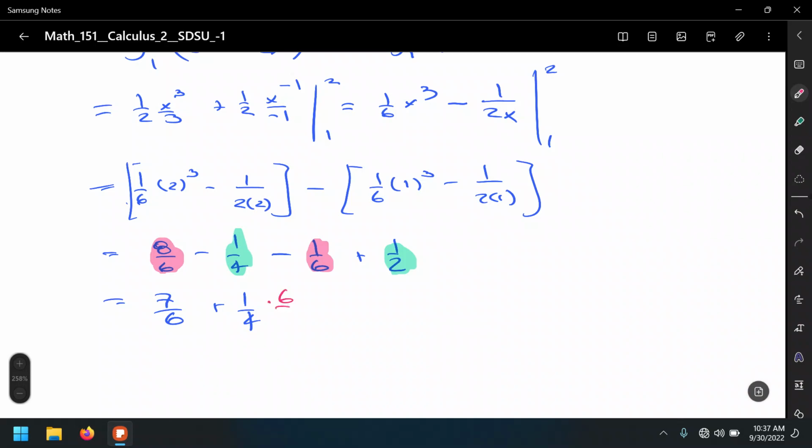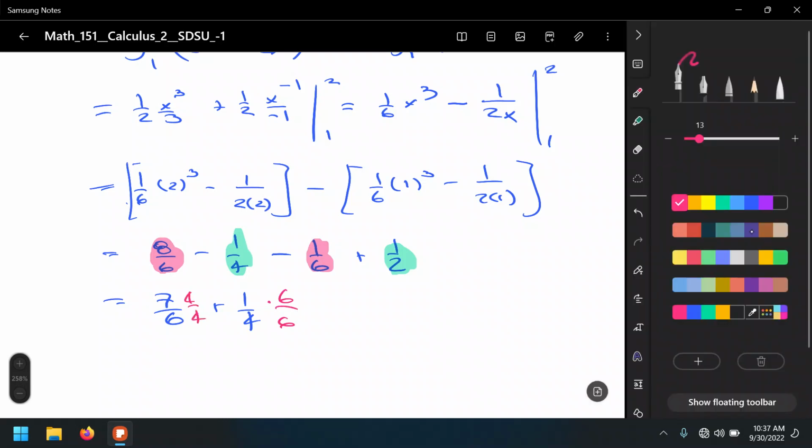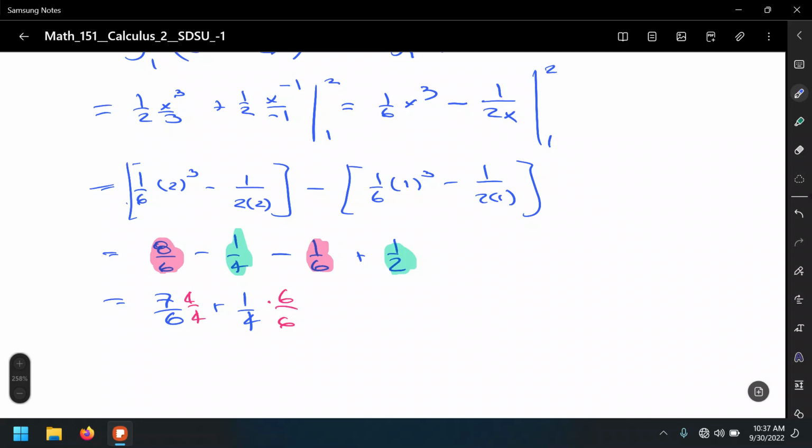So we need 6 over 6 and 4 over 4. So 7 times 4, which is 28, plus 1 times 6, which is 6, over 24. That's 28 plus 6, which is 34 over 24. And this reduces nicely to 17 over 12, which is the final answer.